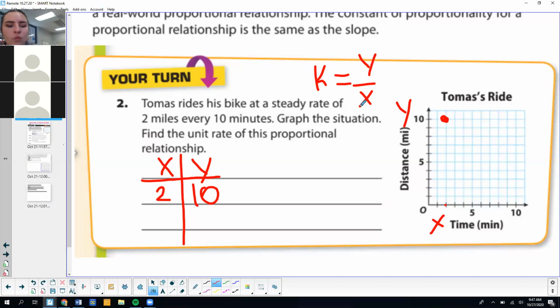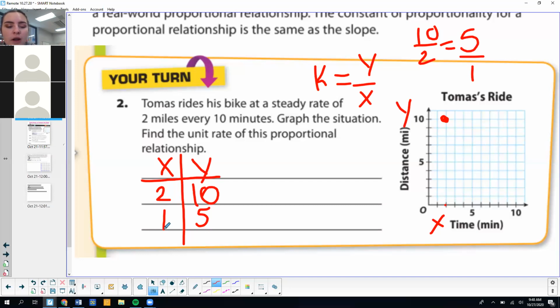So if we take y, which is 10, and divide it by 2, so k equals y over x, 10 divided by 2 is going to give us 5 over 1. Because 10 divided by 2 is 5, anything over 1 is itself. So y is going to be 5, x is going to be 1. So what this means is the constant of proportionality is going to be 5 over 1.